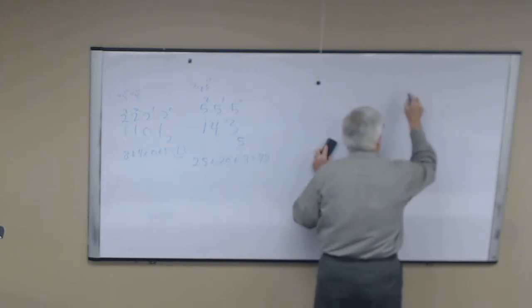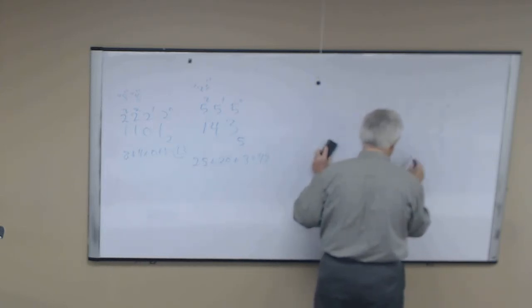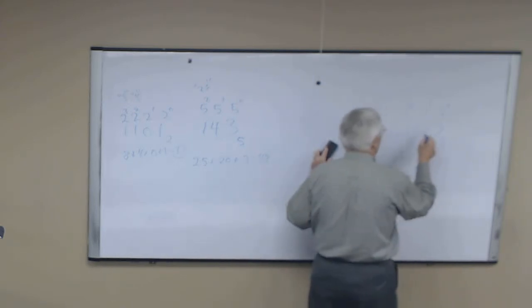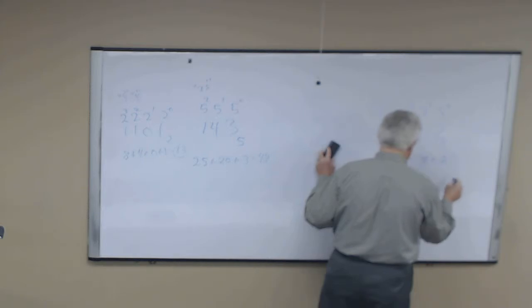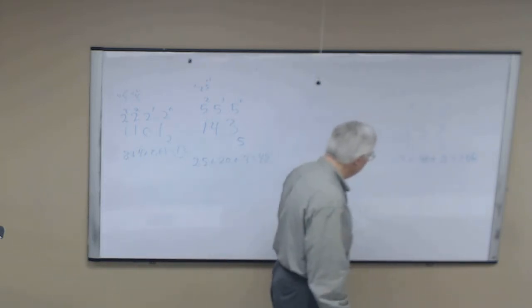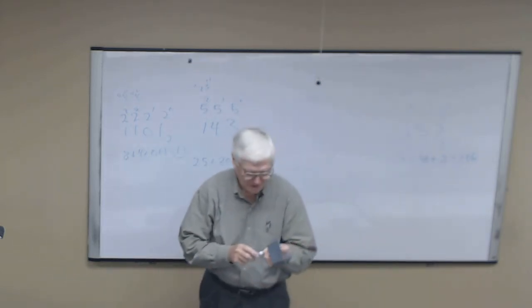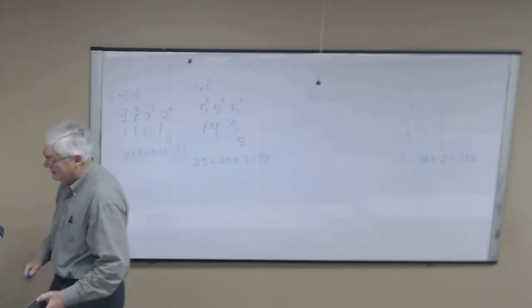What's 8 squared? 64. So I have 64, one of those, plus 5 eights, 40, plus 2. Well, what is that? 106? Everybody see what's going on? My pen's wearing out, so I'll get another one.